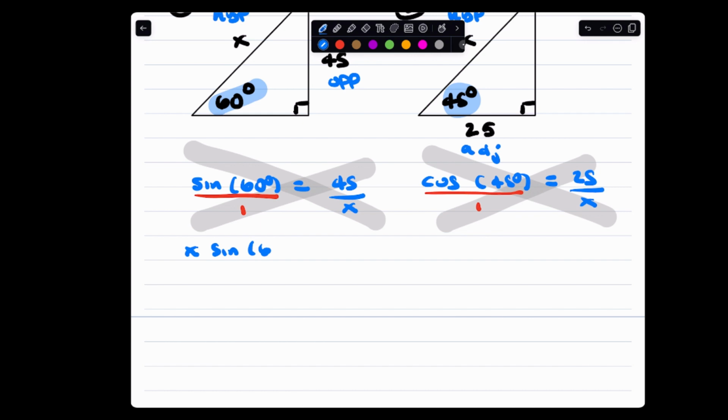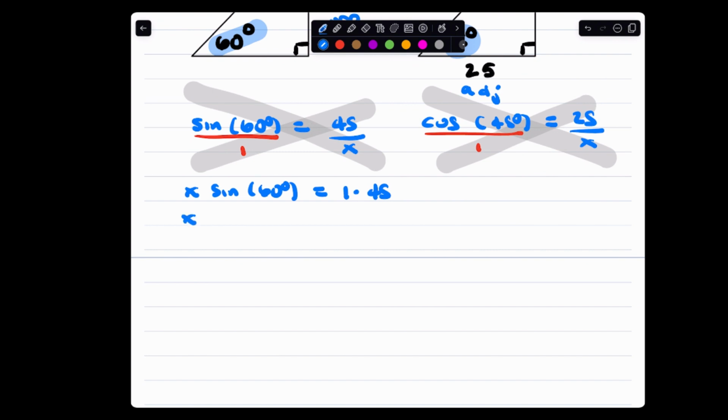X times sine of 60 degrees is 1 times 45. And then you get x times sine of 60 degrees will be what? 45. Okay, again, this represents a number. We don't know what it is yet, but we will at the very end.